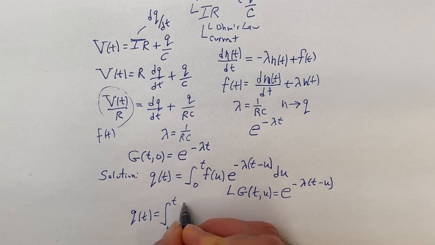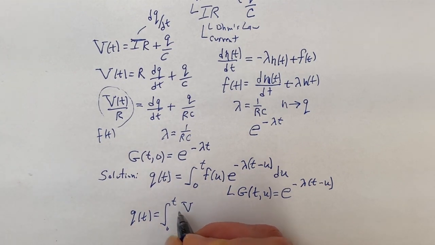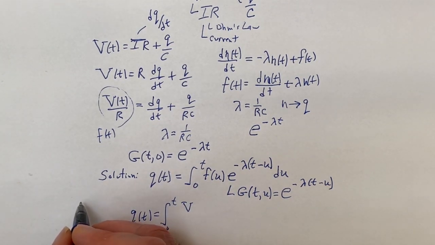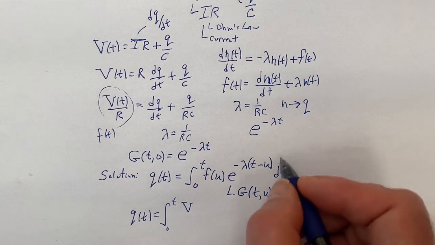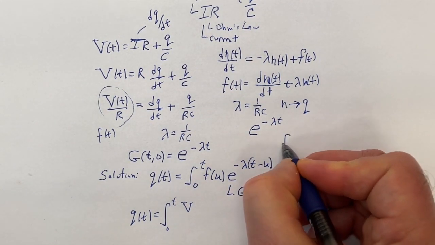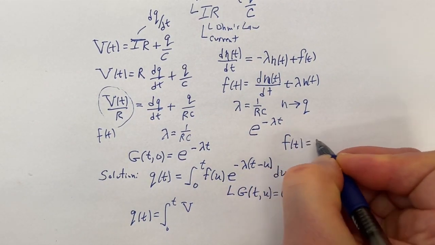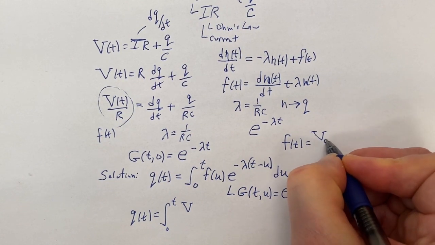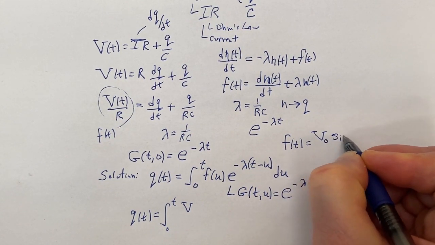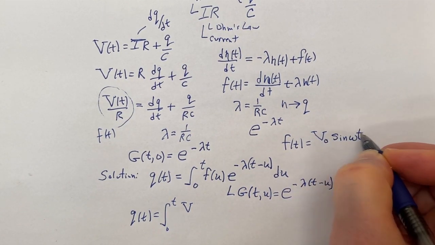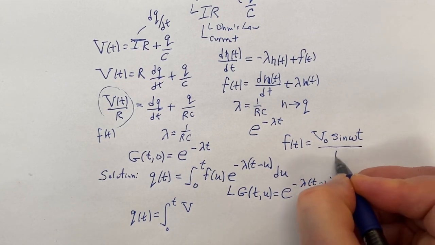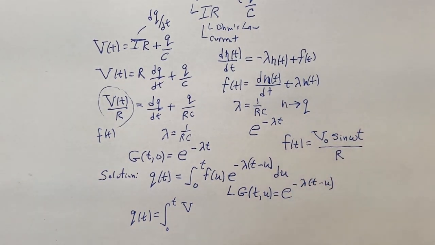Our f is going to be, let's say we're going to pick one. Let's pick for our problem f of t to be some constant voltage amplitude undergoing a sinusoidal oscillation. That's a simple sine wave going into the system.